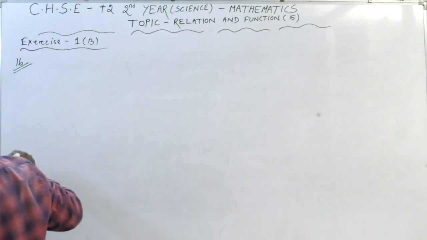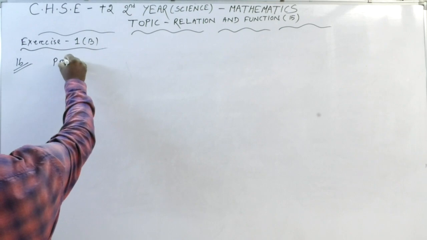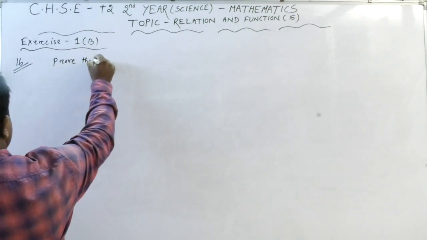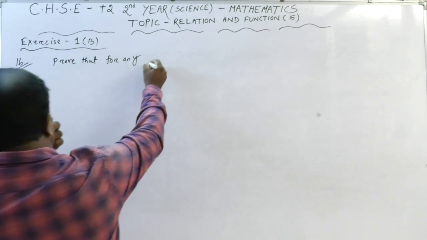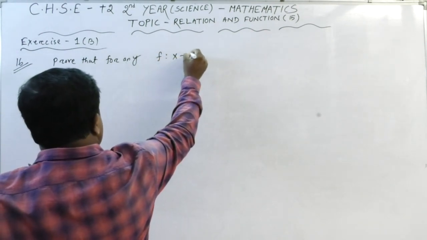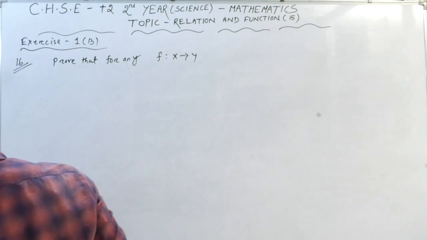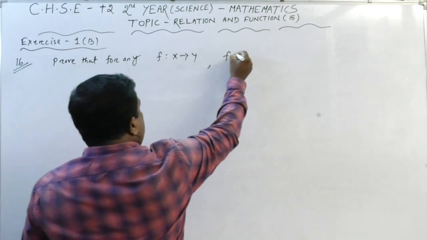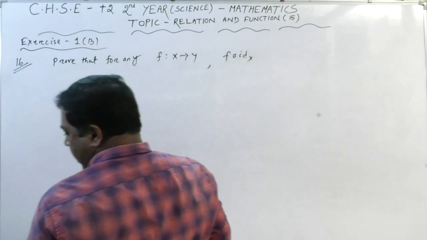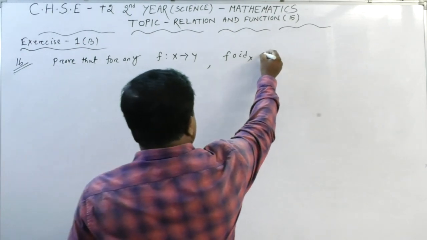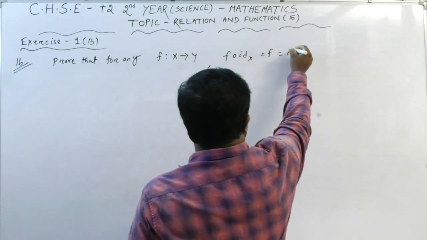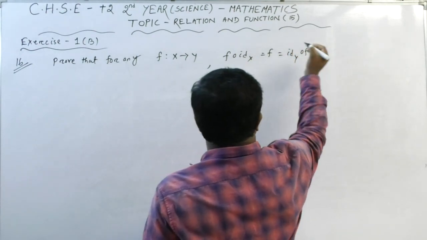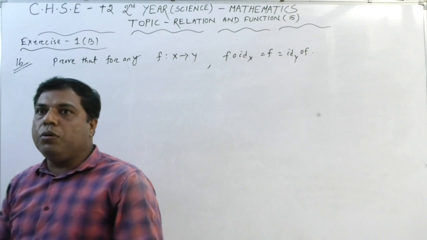Question number 16 says: prove that for any f from x to y, f operated on identity of x equal to f, and it is equal to identity of y operated on f. Clear? So that we have to show.